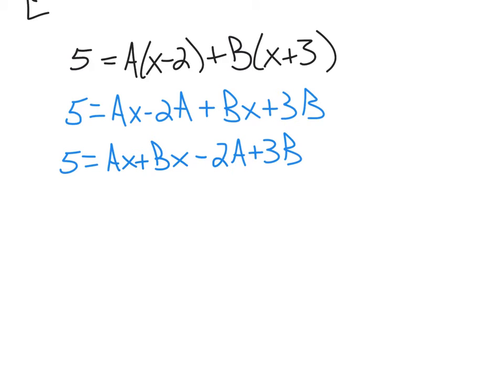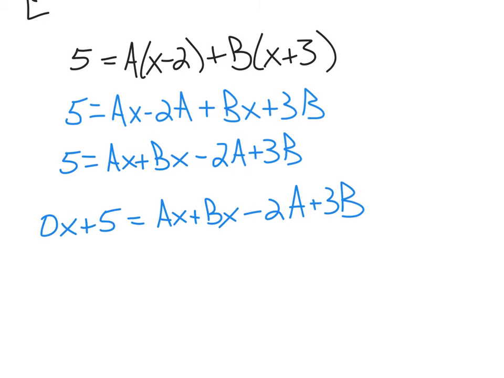And so now what I'm going to do is rewrite this left-hand side just slightly differently. And then I'll explain why I did that. But before I explain, I'm going to also factor out an x right here.